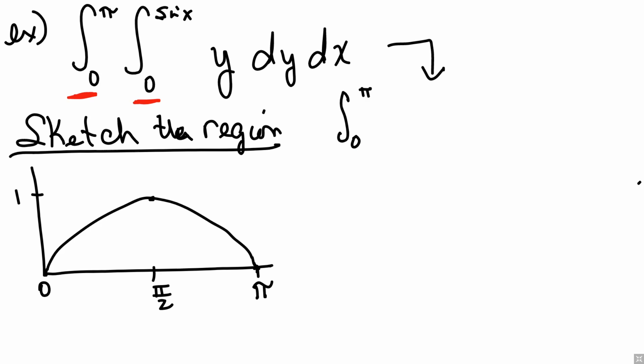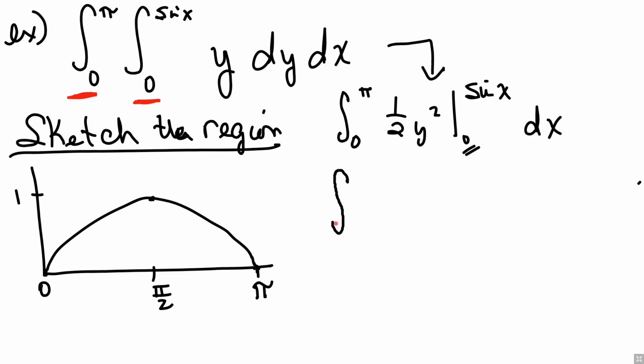The antiderivative of y is 1/2 y squared, and we evaluate from 0 to sine of x, dx. The nice thing is that if we plug in 0, we get 0, so we can ignore that. We end up with the integral from 0 to pi of 1/2 sine squared x dx.